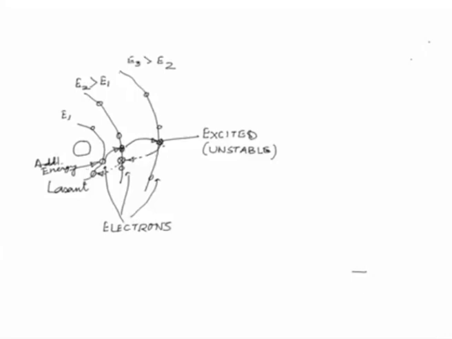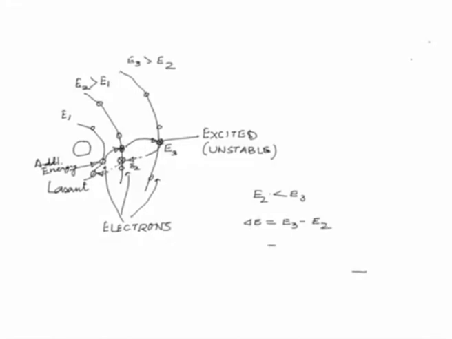While doing so, say they were at this E3 level. Now, while coming back to the E2 level, where E2 is less than E3, the difference in the energy, delta E, is nothing but E3 minus E2.